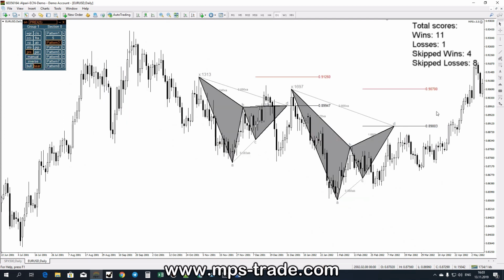Okay, now bear patterns. With bear patterns we have the following picture. One pattern exceeded the C point, and we have the following picture. You see this spike at the A point? We should actually draw it this way.